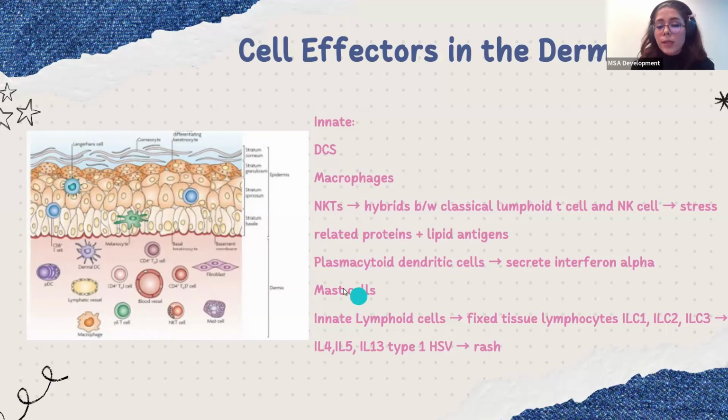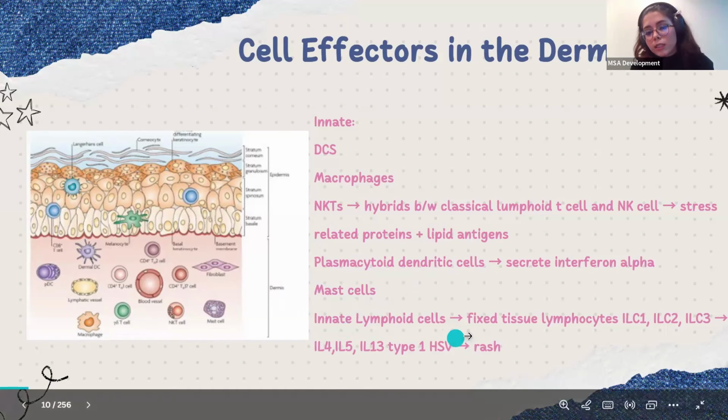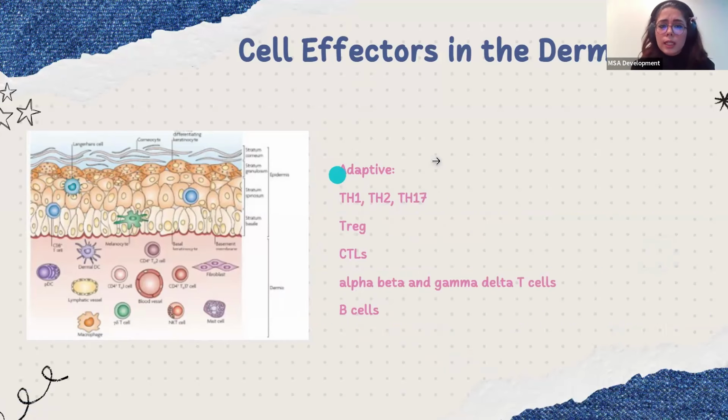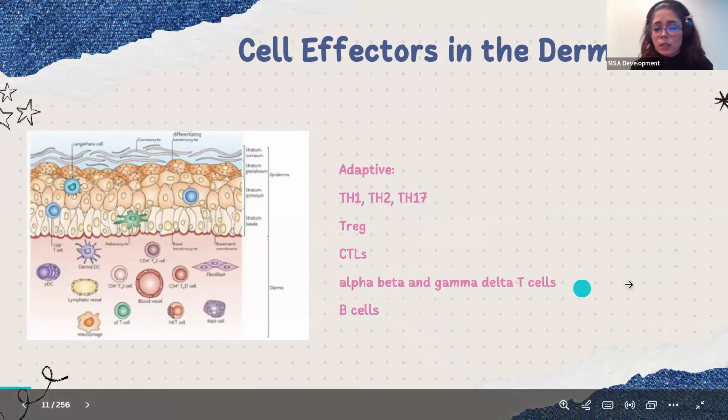Mast cells are also present. Mast cells are important for eczema and dermatitis. Innate lymphoid cells, fixed lymphocyte, again, don't need this. Type 1 hypersensitivity response. Cell factors in the dermis, adaptive: Th1, Th2, Th17, Tregs, CTLs, alpha beta and gamma delta T cells, B cells.